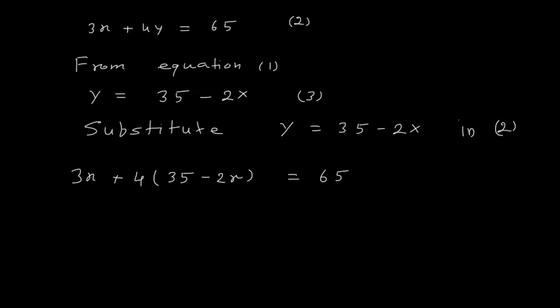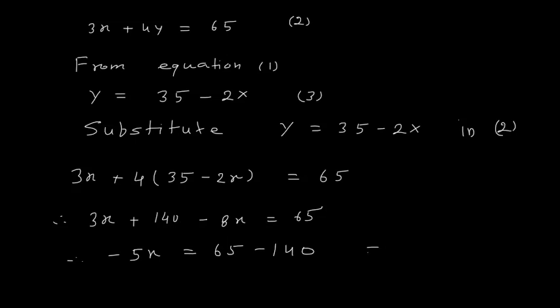Therefore here we have 3x plus 140 minus 8x is equal to 65. So 3x minus 8x is minus 5x is equal to 65 minus 140, which is minus 75.